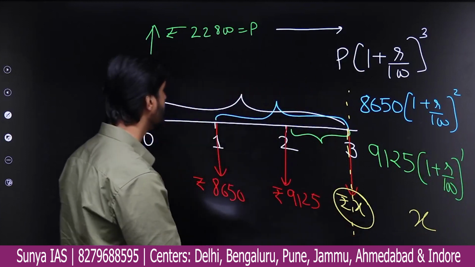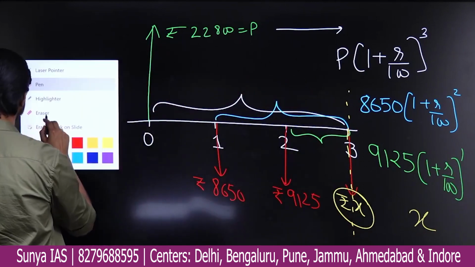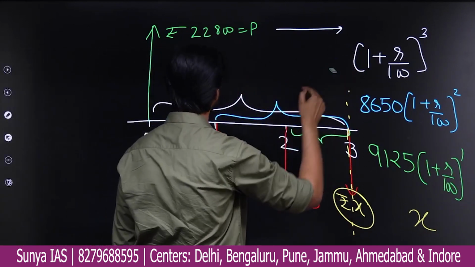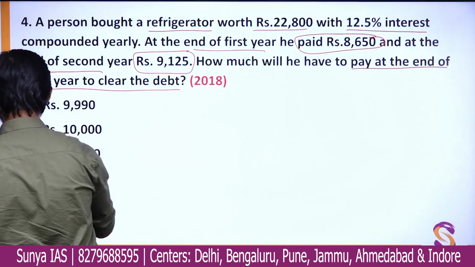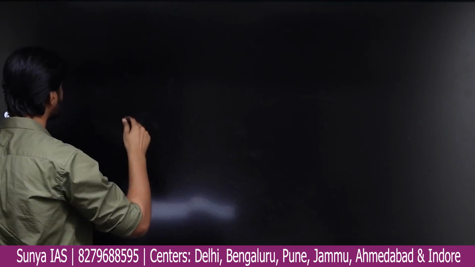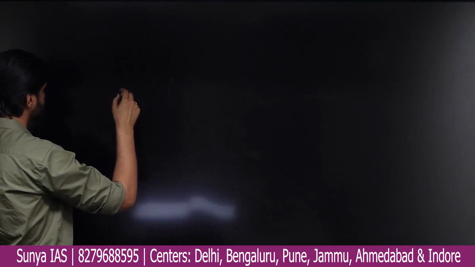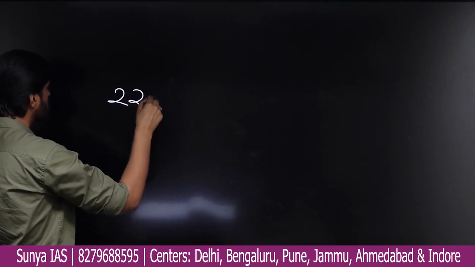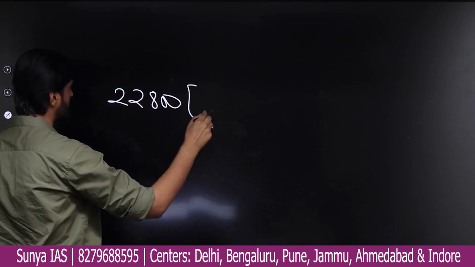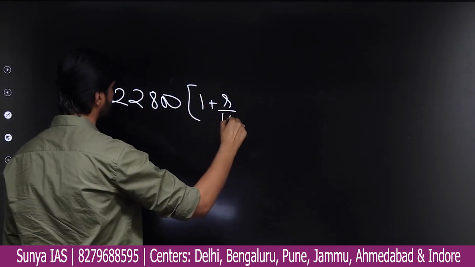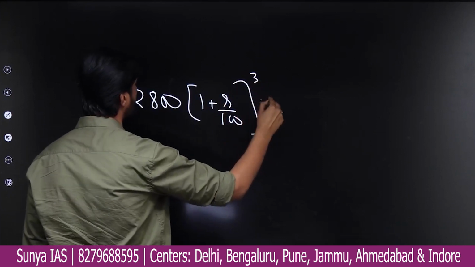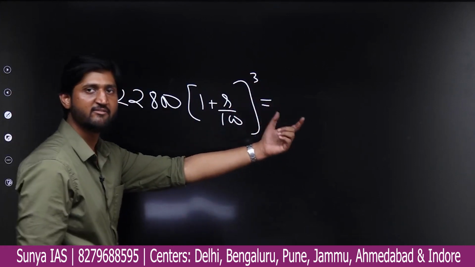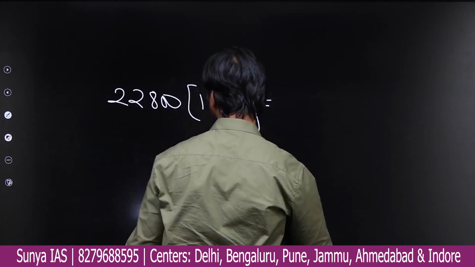So the basic idea of the question goes like this. Sorry, it just went, all of it just went. So the basic idea I was representing was this: 22800, the original principal amount, times (1 plus R by 100) to the power of 3, will be equal to the individual installments you are paying.